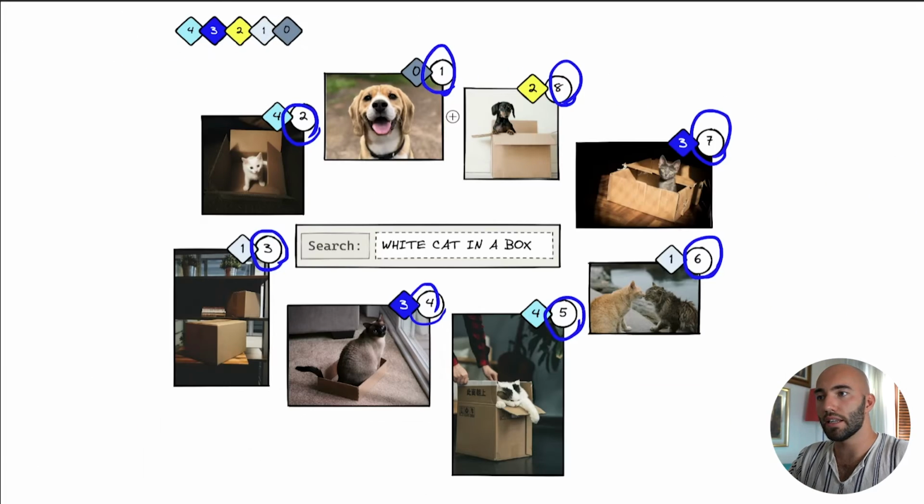Okay? In this case, the dog has been ranked as having a relevance score or rank of 0 because it's not a cat, it's not a box, it's nothing really to do with that query other than being a domestic animal, which is not what we're looking for. So that's how that scoring mechanism works with all of the cumulative gain metrics that we're going to look at.